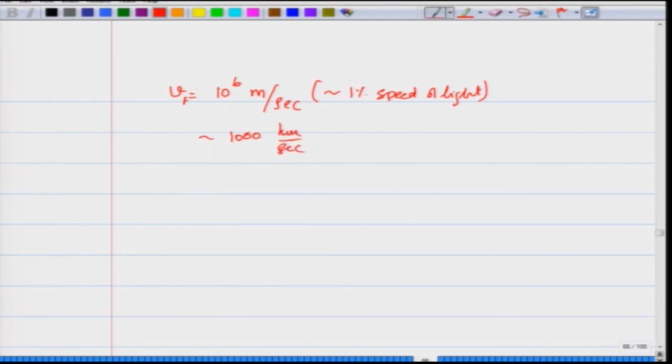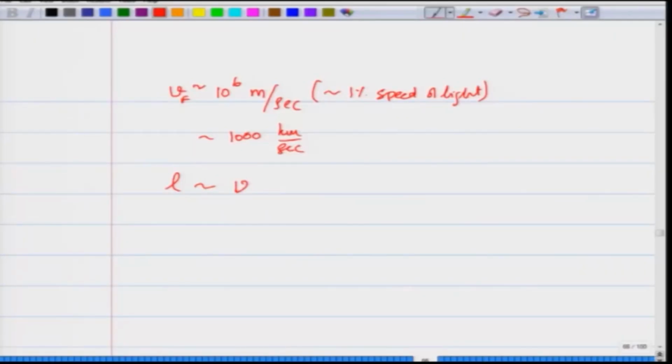You will get Fermi velocities of this order for the different materials, 10 raised to 6 to 10 raised to 7 meters per second, and these are very large velocities again. So, the electrons sitting on the Fermi surface, on the Fermi sea, are moving with very large velocities, and this is the basic difference that comes out in Sommerfeld's theory compared to Drude's theory.